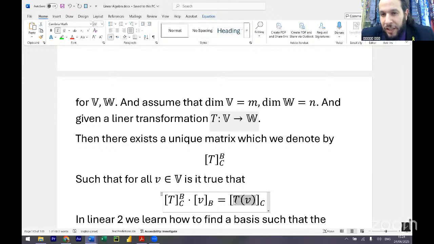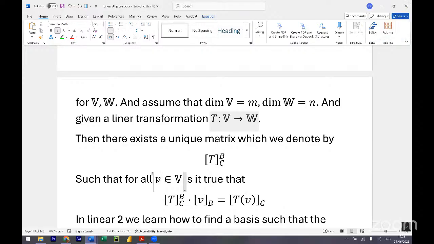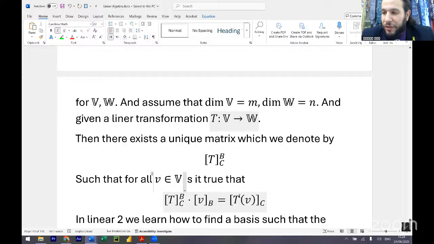Do you agree, Sammy? The W was the image of V, the vector that V is sent to? Yeah. So that's just saying here W means nothing. It's like using a variable that you just declared and didn't put anything in, right? Right.